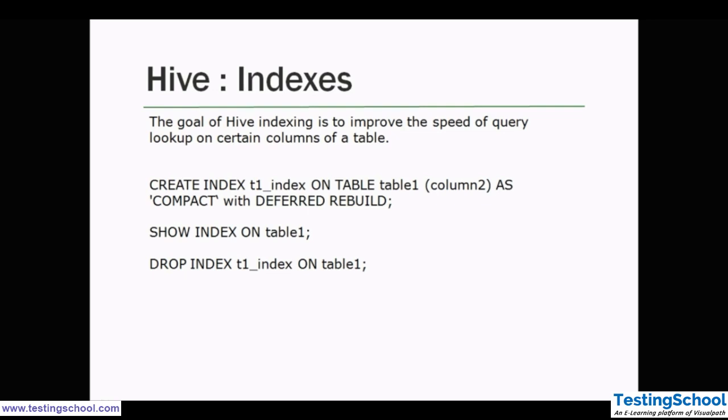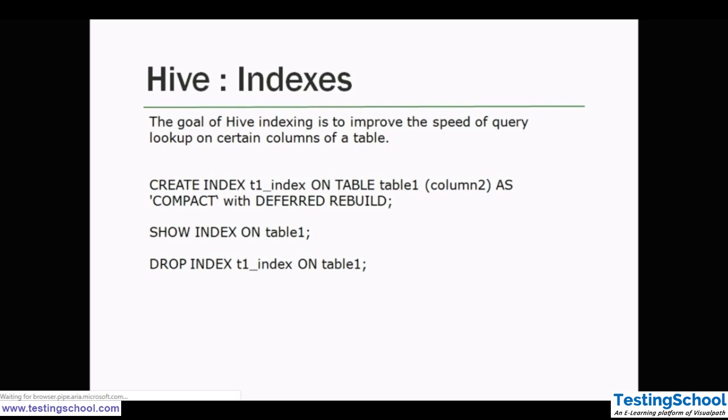You can give any column. Let's say you have ID, name, address, city. You just need to mention the column name over here, so you can give ID or name or anything else. Then as compact with deferred rebuild.